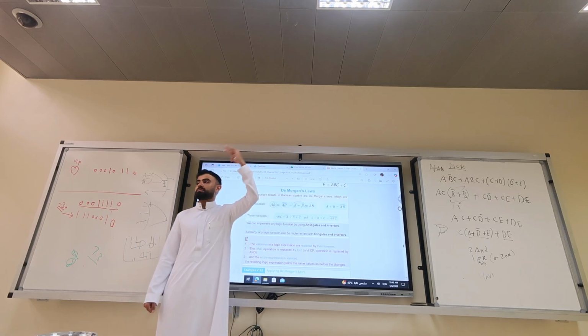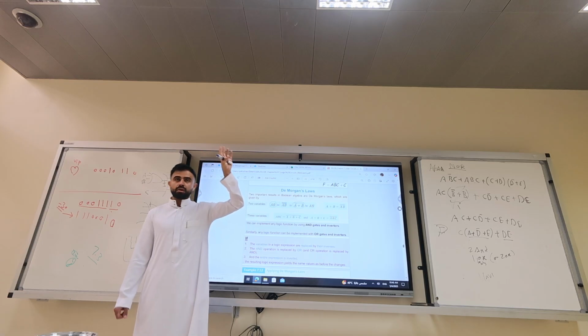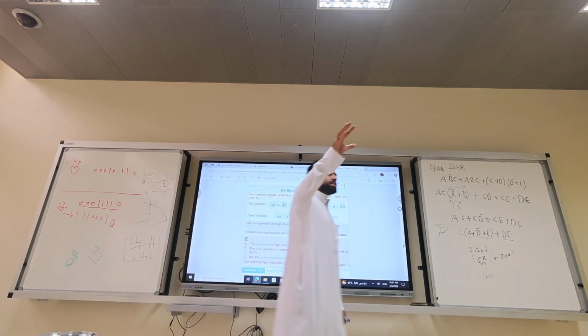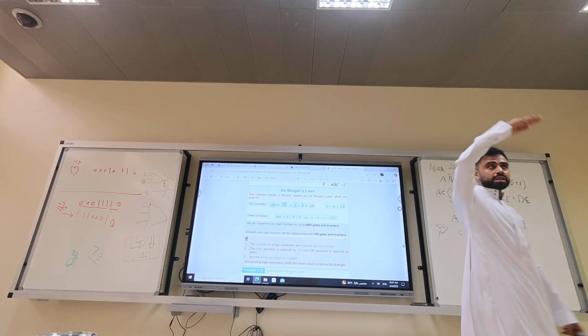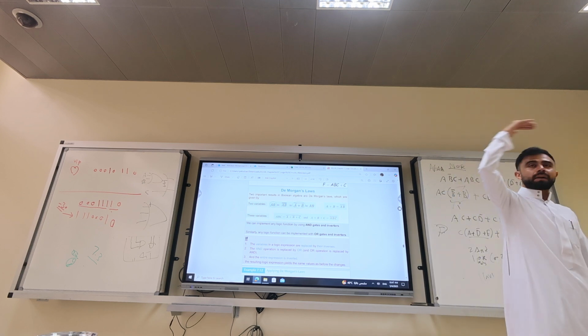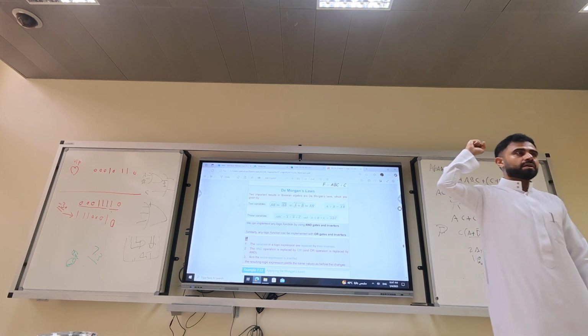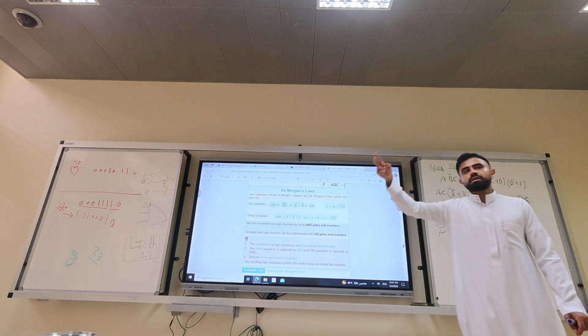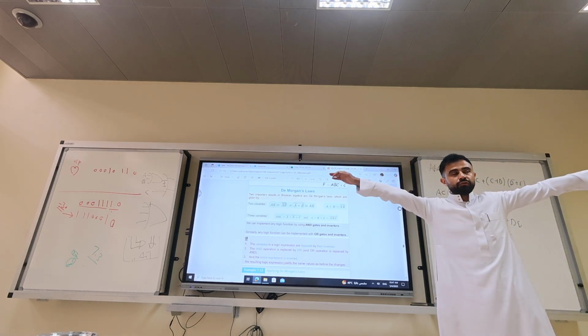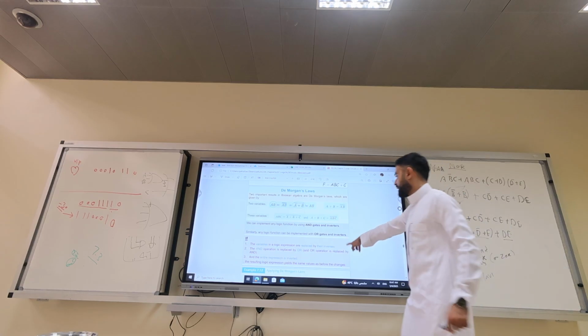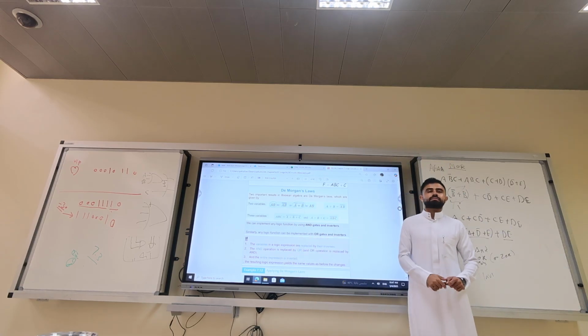How many steps? 3. Replace every variable with its inverse. Put a bar above every variable. If there is a bar above the variable, remove it. Replace every AND with an OR. And everything else, don't forget the big bar, okay? Don't forget the big bar.